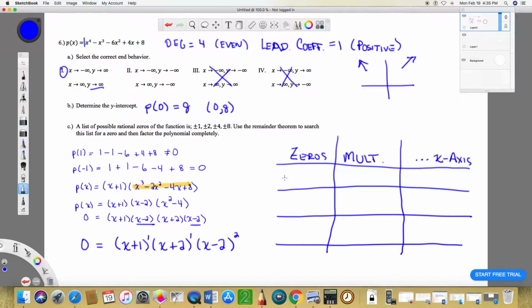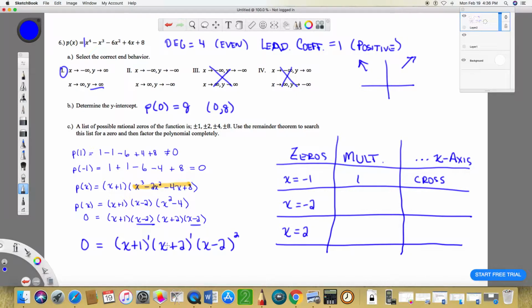So we've got x equals -1, x equals -2, and x equals +2 are the zeros for this polynomial function. The 0 at -1 has a multiplicity of 1, which means it crosses over the x-axis.